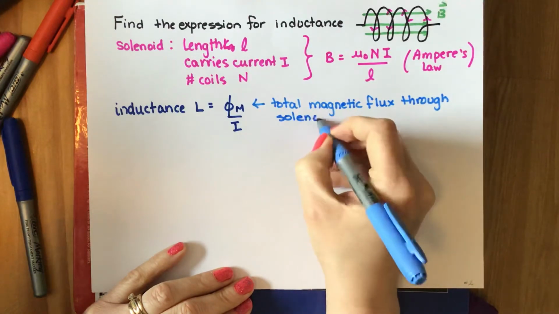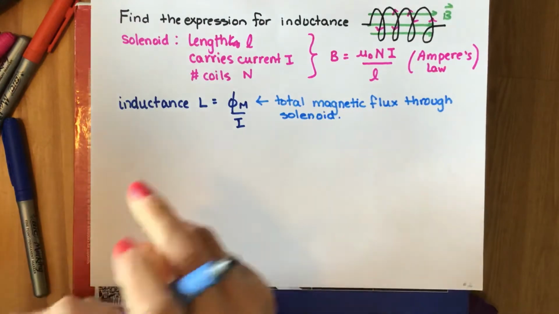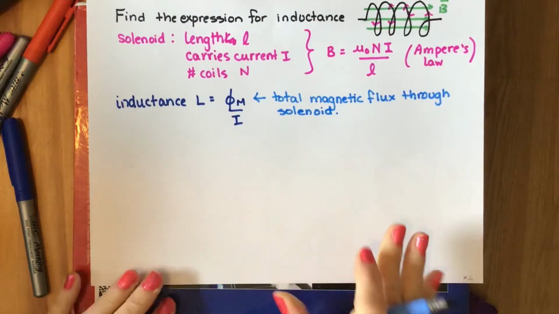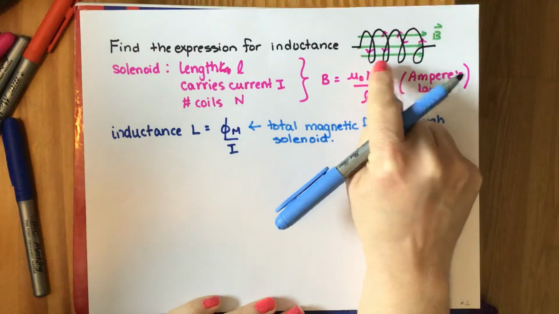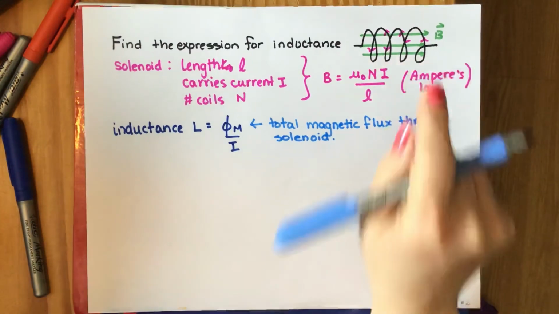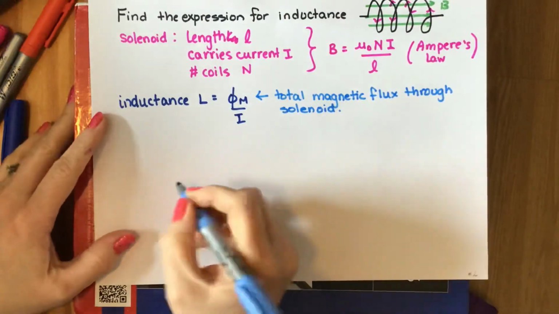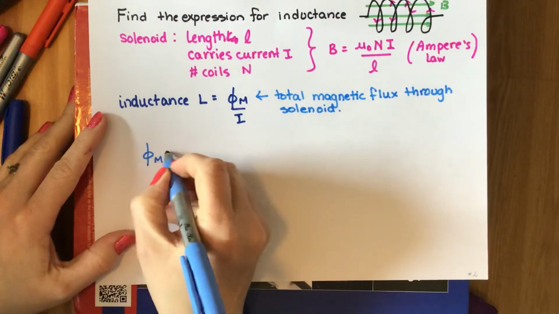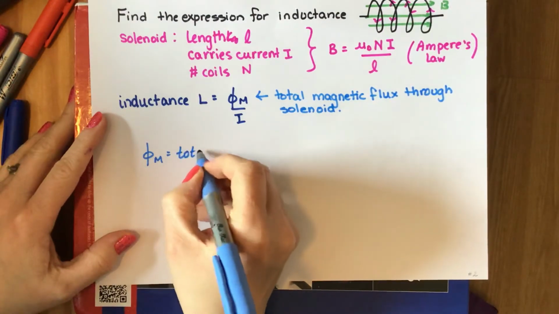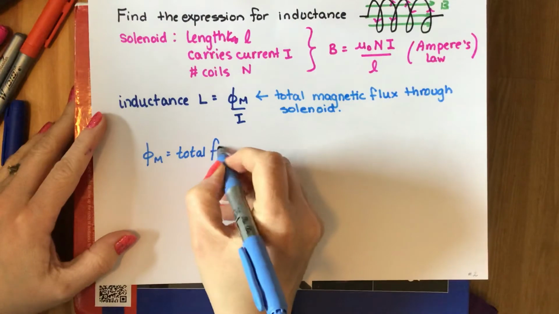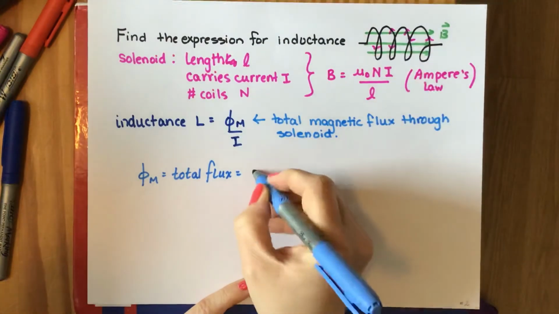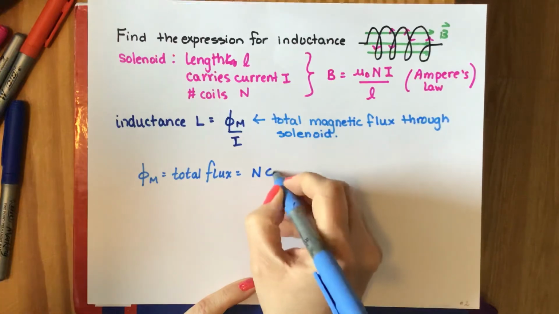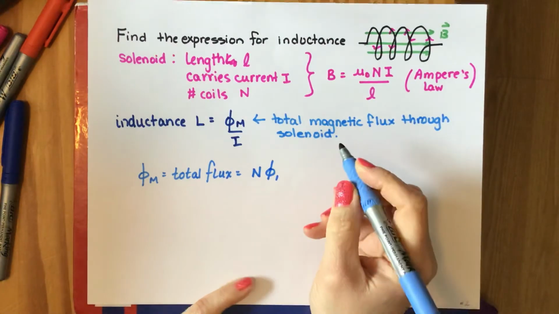How do we find what that is? Well, let's think about how we find magnetic flux. The total magnetic flux would be the total magnetic flux through each coil added up. So our net magnetic flux, phi m, is the total flux. Since it's the flux through each coil added up, it's N times the flux of only one coil.